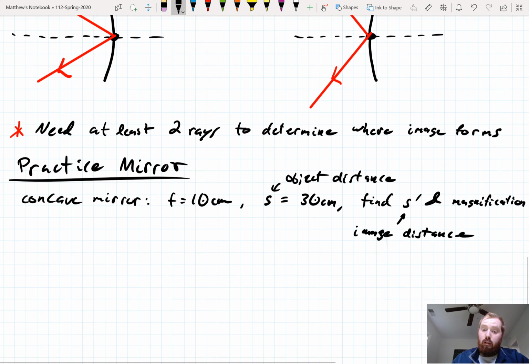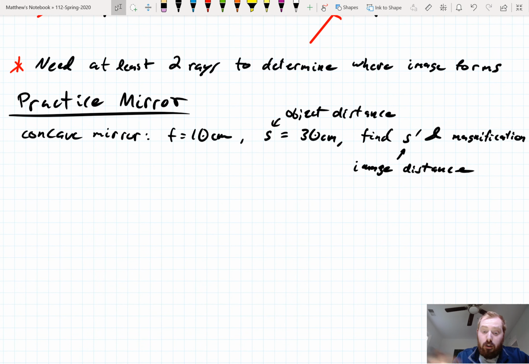All right. So first, draw it out. I'll do it this way. First step, draw principal rays. Second step, then do the math.